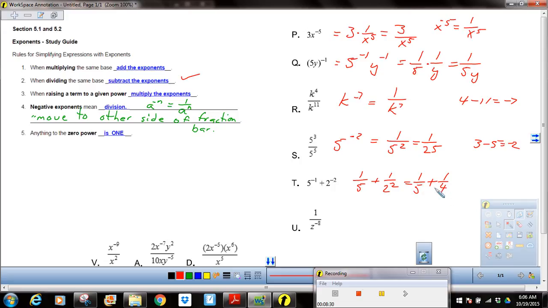And then you add these two fractions together. Common denominator would be 20. You'd have to times this one by 4. So 4 times 1 is 4. You'd have to times this one here by 5. So 1 times 5 is 5. And if you have 4 20ths and add 5 20ths, that is 9 20ths.